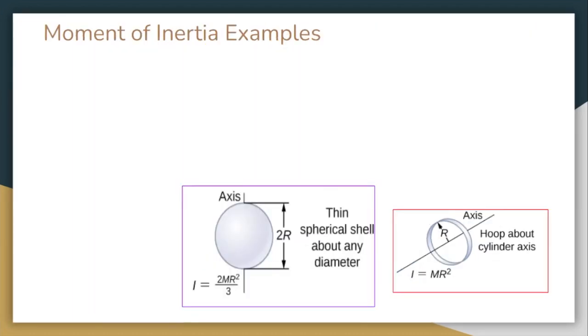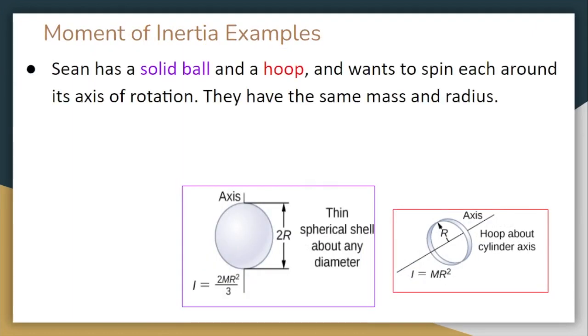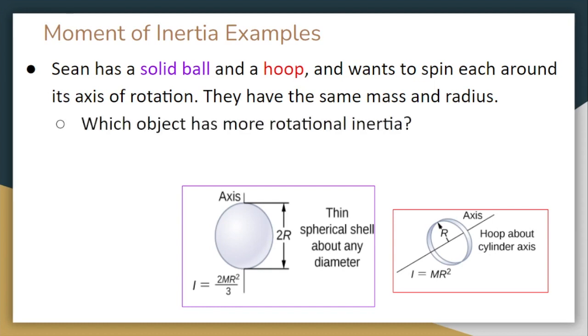Let's take a look at an example here. We've got our buddy Sean, and Sean has a solid ball and a hoop, and he wants to spin each around its axis of rotation. They have the same mass and radius. We want to find out which object is going to have more rotational inertia. Well, if we look at the moment of inertia here, we can see the equation for the sphere, and we can see the equation for the hoop.